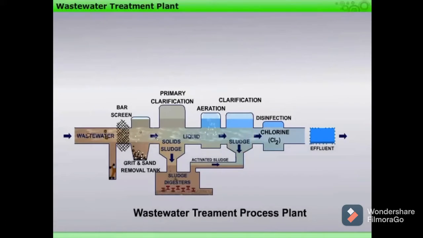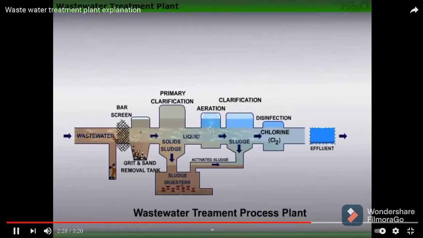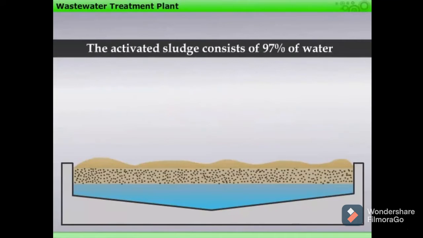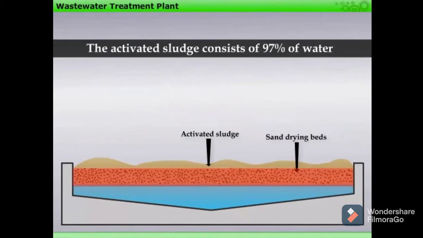Aeration takes place, and then it comes to the next chamber where we get the activated sludge. What do you mean by activated sludge? The sludge that contains 97% water. It is activated because of the presence of microbes.